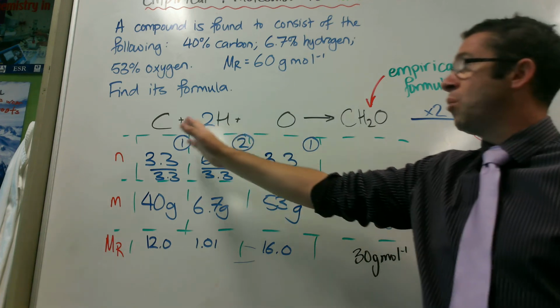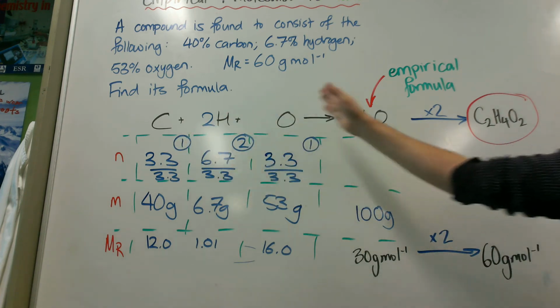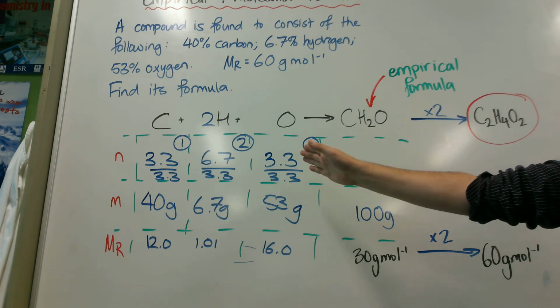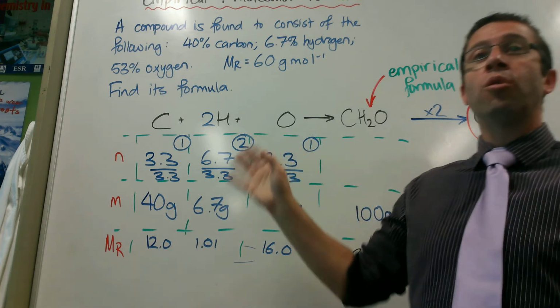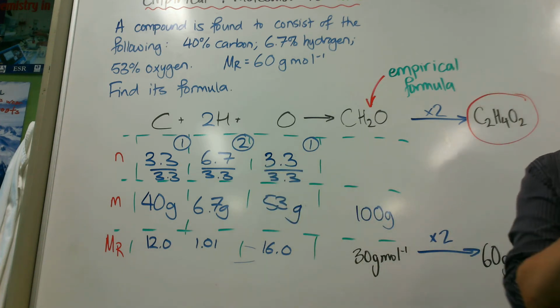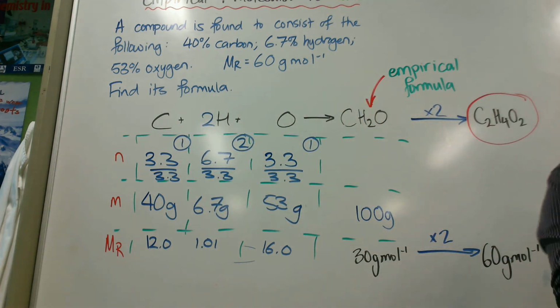If it was, let's say, 1 to 1.33 to 1, what do you think it would be then? So no, 1.33 is 4/3. So it would be 3 to 4 to 3. So you need to know your fractions pretty well, your thirds and your halves and your quarters. Okay? So that little bit of maths is really important.